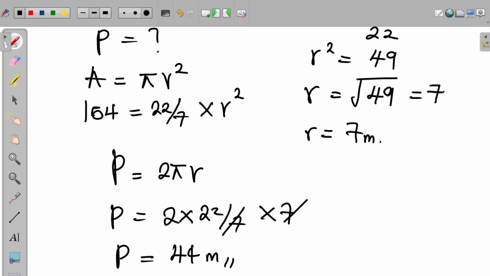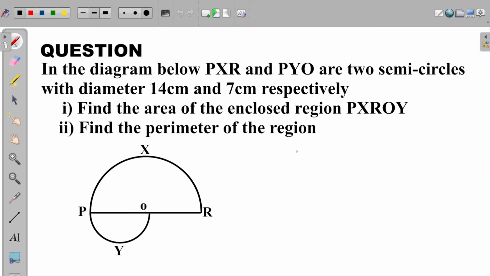Now let's take up a critical question that can test our understanding. We are given that in the diagram below, PSR and PYO are two semicircles with diameter 14 cm and 7 cm respectively.